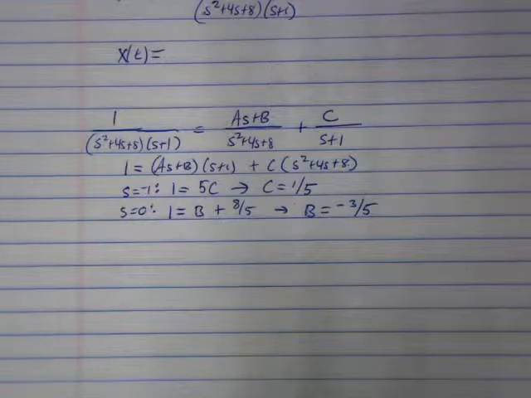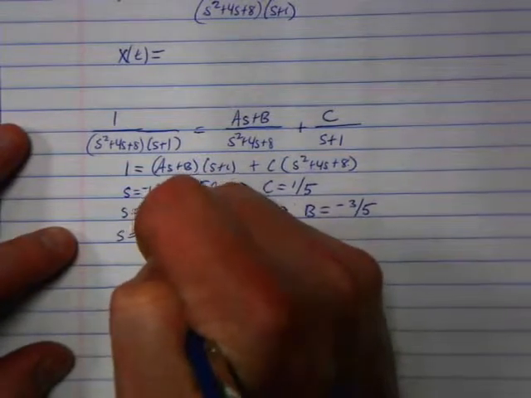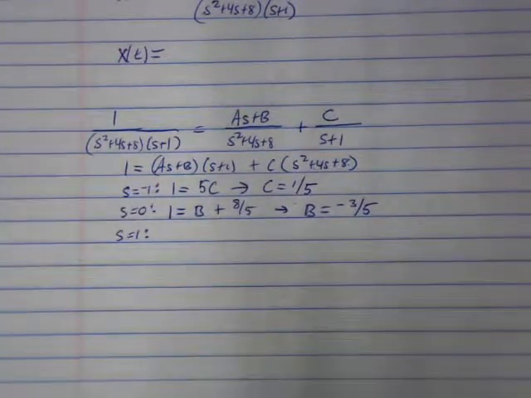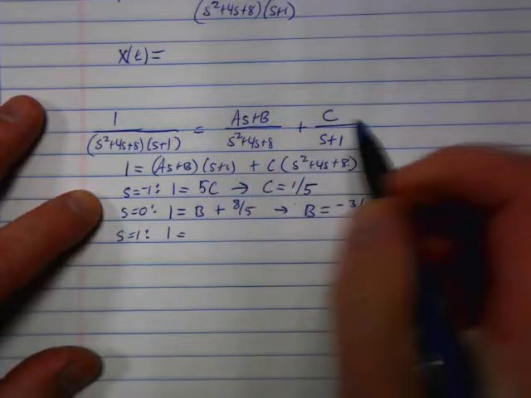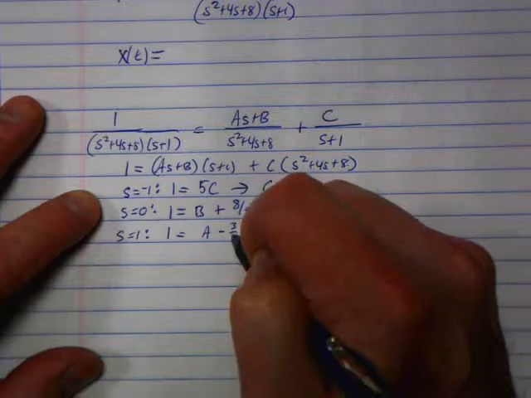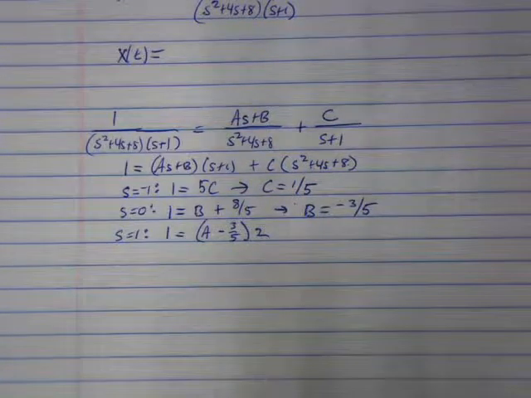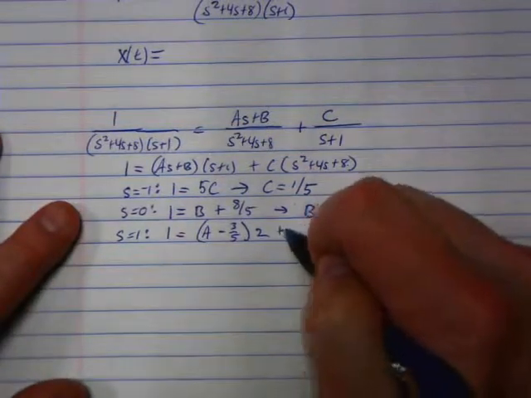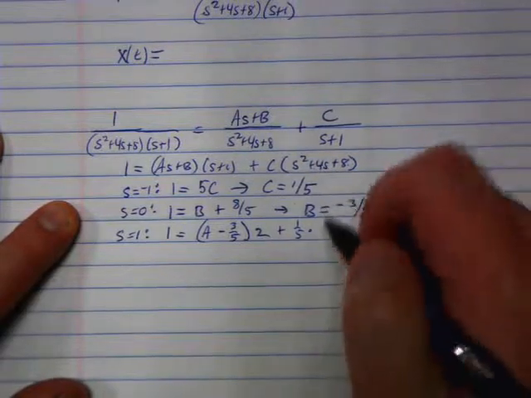All right, and now I think I can plug in any other number in the world that I like, 1. Wait, you already put in... No, I plugged in negative 1. When I plug in 1, I get 1 equals a minus 3/5, because b is minus 3/5, times 2, plus 1/5 times 8 and 4 and 1 is 13.